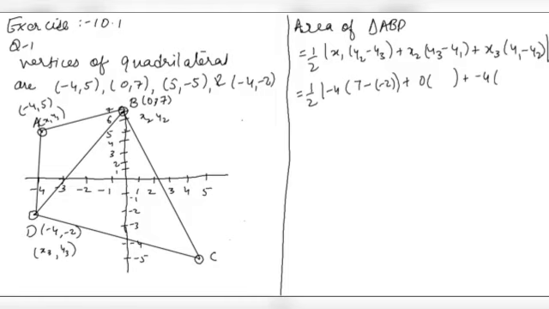Then x3 (y1 minus y2), minus minus plus, so 9 4s are 36, and this will be minus minus plus 4 2s are 8. The answer will be 28.